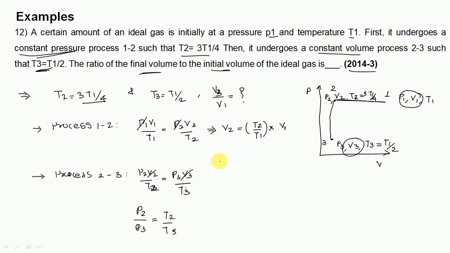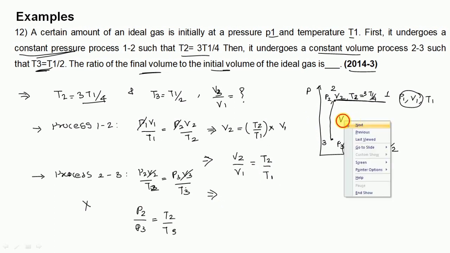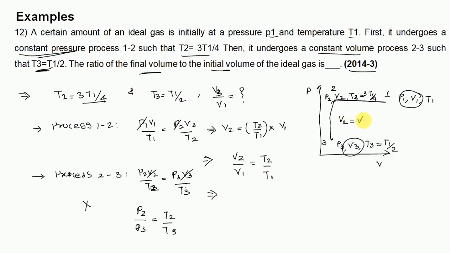But I cannot go with this process and directly find the answer from this equation, because here you need to find V3 by V1. So I write this equation V2 by V1 is equal to T2 by T1. But we know the process 2 to 3 is a constant volume process, so V2 is equal to V3.